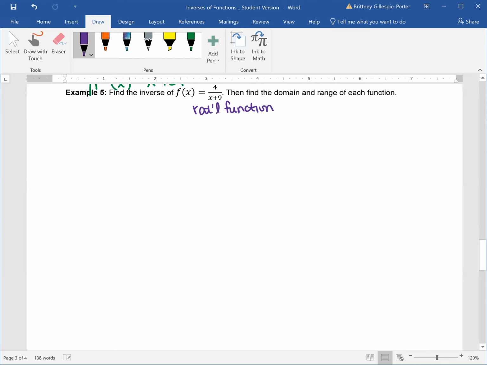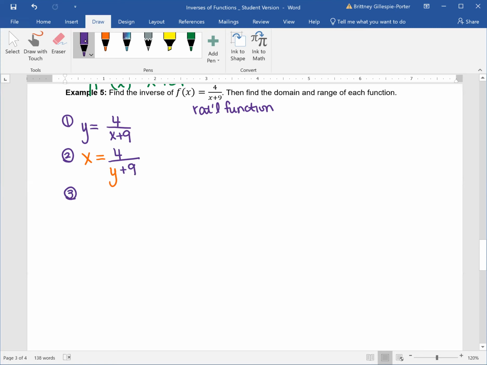But finding the inverse is still the same. Step 1, replace f of x with y. So y is equal to 4 over x plus 9. Step 2, switch x and y. X is equal to 4 all over y plus 9.